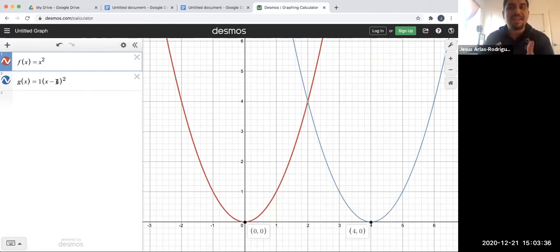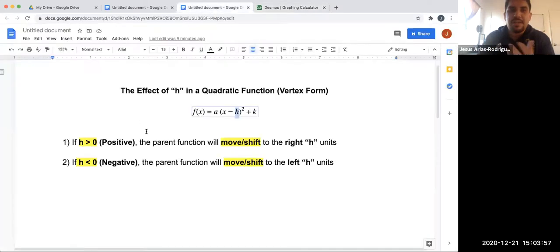In this case, I have this 4, which happens to be negative. So visually speaking, my blue function is translated. It's basically as if my original function, f of x is equal to x to the power of 2, had been moved to the right-hand side. And here is where I have a lot of questions and where my students get a little confused. They say, hey, Mr. Arias, this is kind of the opposite of what you're saying.